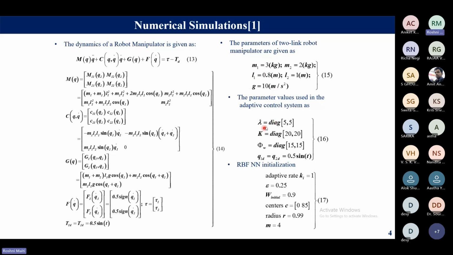Now, if different uncertainties or disturbances come into the system, then we have different kinds of data-driven disturbance observers or controllers to eliminate those. Here, at first, we have designed this RBFNN. Its different values are given here.